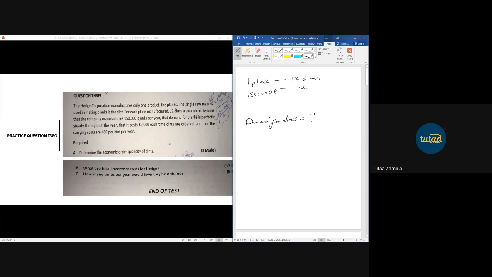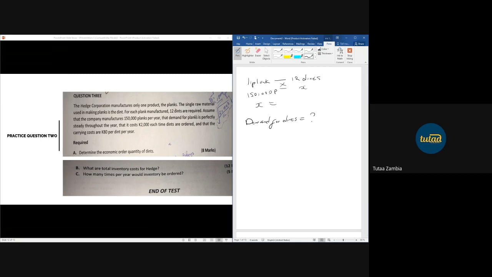The demand for planks is the total number of planks manufactured, and we now need the number of dints that went into manufacturing these 150,000 planks. Cross multiplying, 1 times x gives us x, and 12 times 150,000 planks. What is 12 times 150,000?